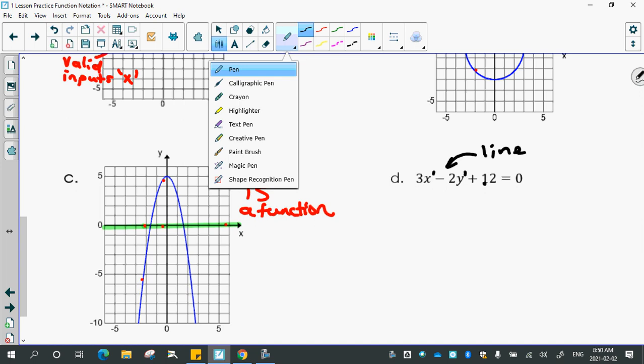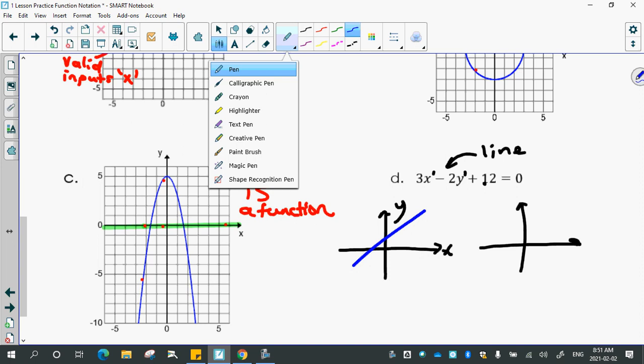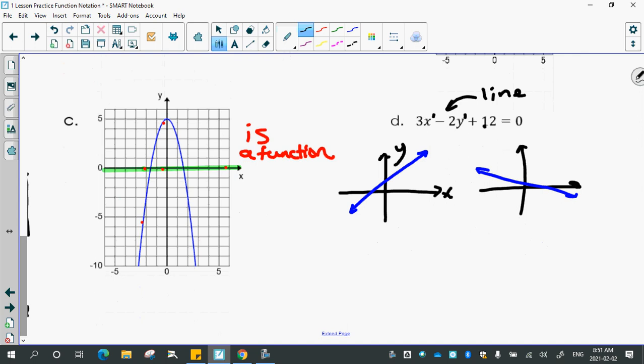And think about lines in your head. Let's not draw this one specifically, but let's draw some lines. There's a positive sloping line. There's a negative sloping line that's less steep. What else? What other lines are there? There's a horizontal line.